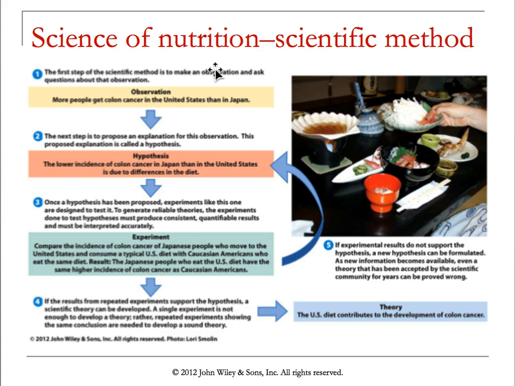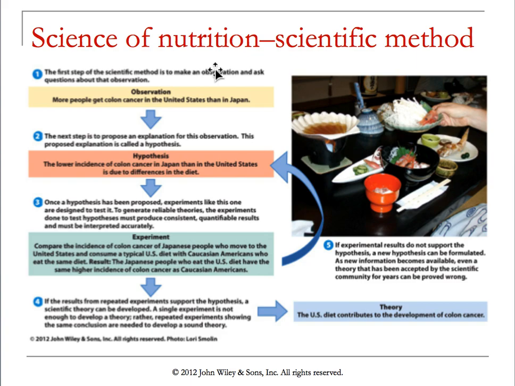Step 2 would be to propose an explanation for this observation, and that's what's called a hypothesis. You would be making a guess as to why the incidence of colon cancer is higher here than in Japan. In this example, the hypothesis is that the lower incidence of colon cancer in Japan is due to dietary differences.